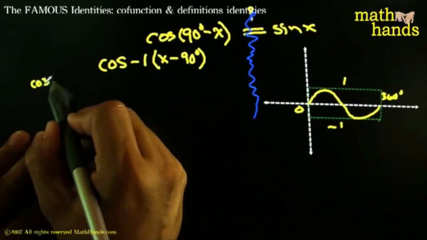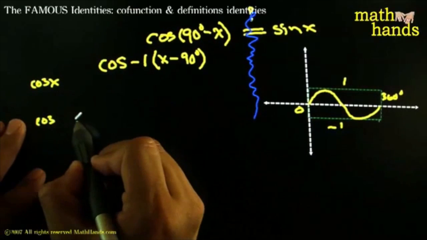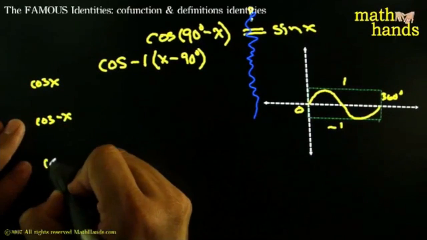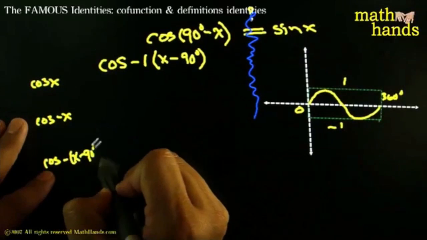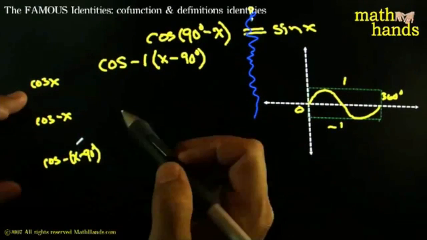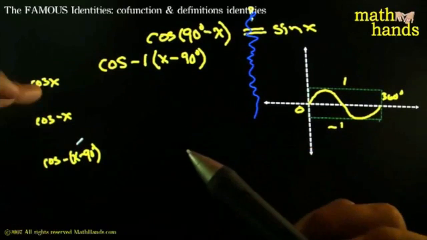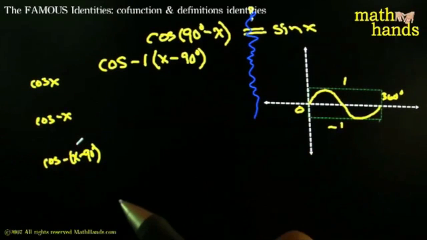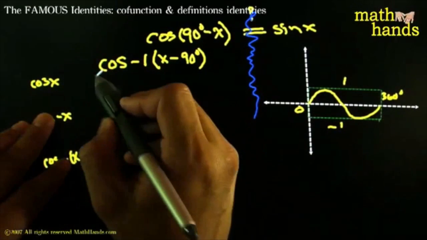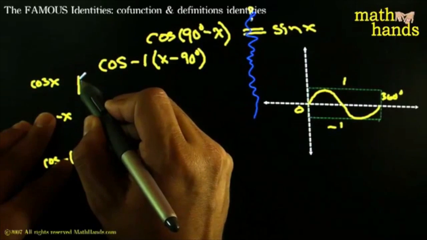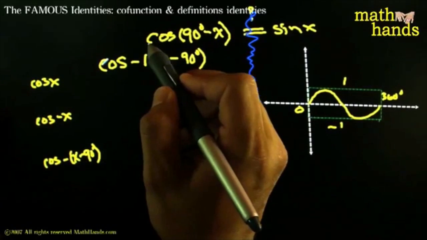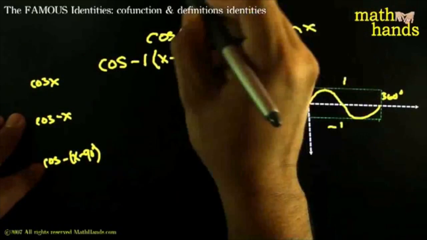I'll draw the cosine x, then I'll draw the scaled version, cosine -x, then I'll draw the scaled and shifted version. In these three steps: prep, scale, and shift. So the first one, I'm just going to draw little mini versions of them, if you don't mind.